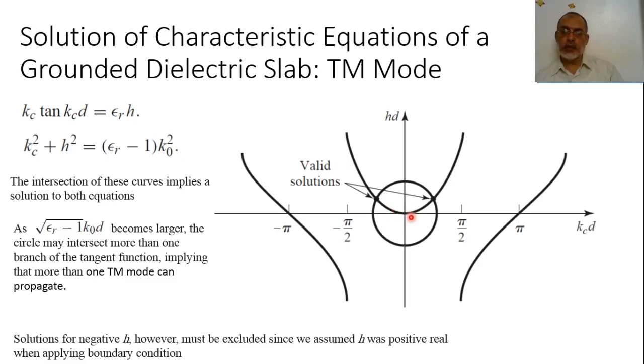This means that at any frequency, because this radius is proportional to the frequency, d is constant, epsilon r is constant, and what is variable here is the frequency, we already have a solution for the values of Hd and Kc. This means that the transverse magnetic mode can propagate starting from DC.